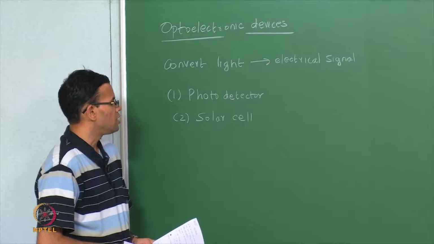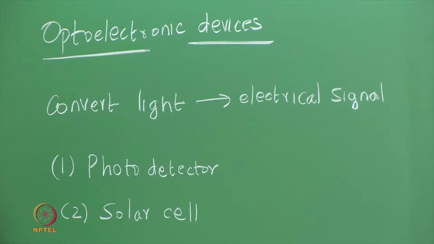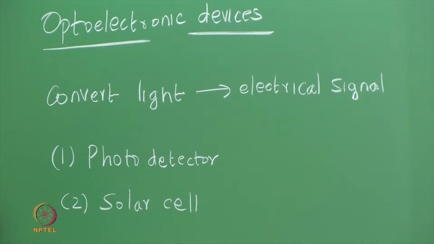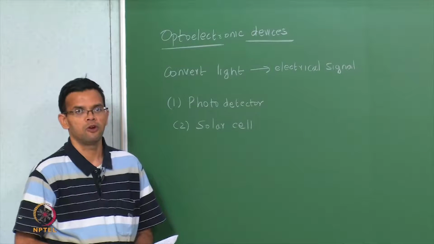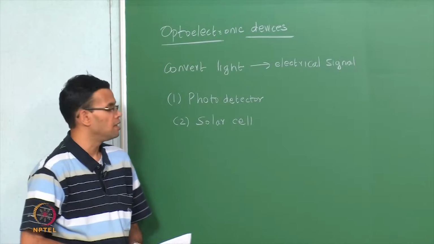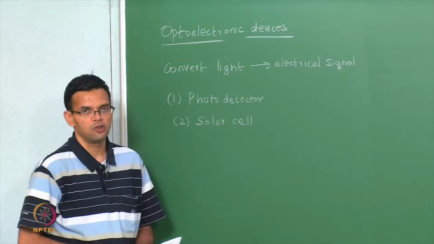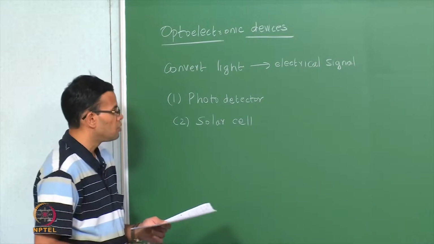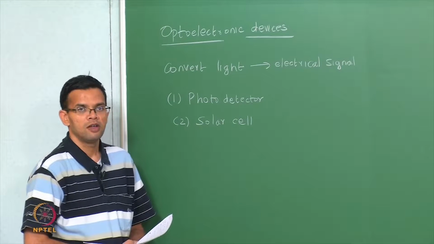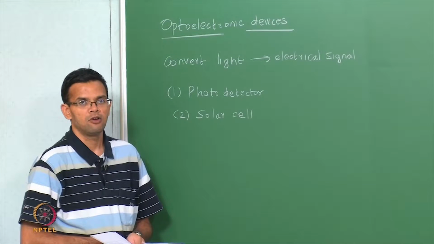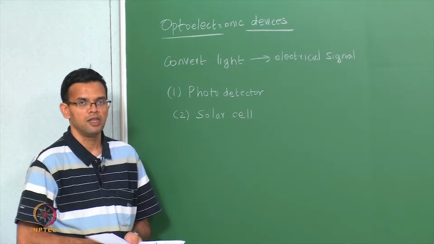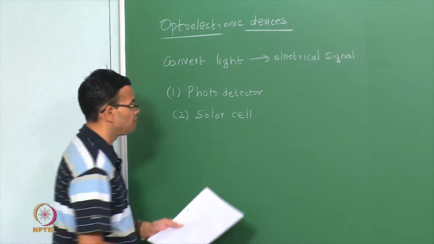So, today we will start by looking at the photodetector, and as the name implies, it basically detects incident photons or radiation, and then tomorrow we will look at the solar cell. So, there are three steps involved when we think about shining light onto a device and then converting it into electrical current.